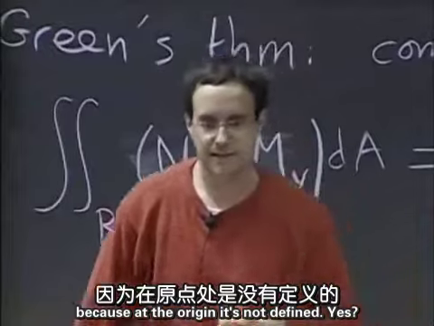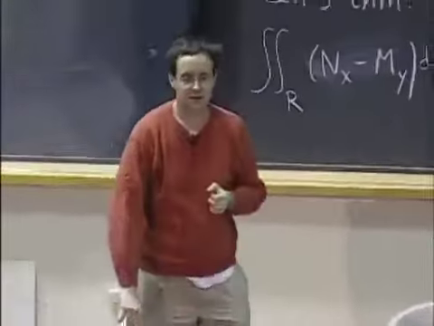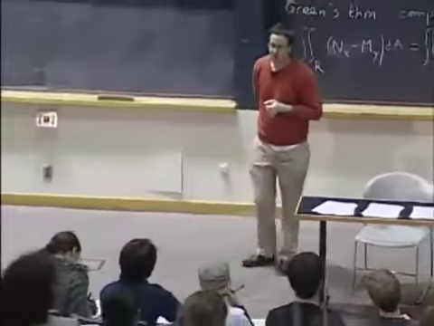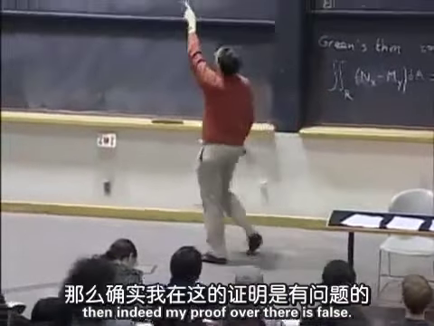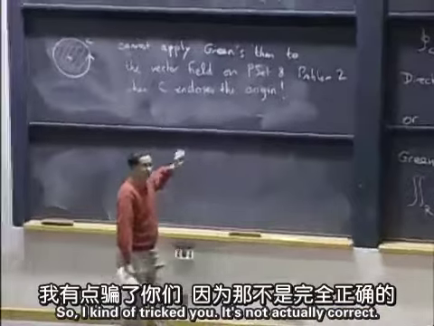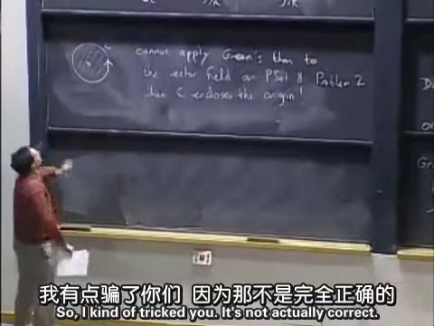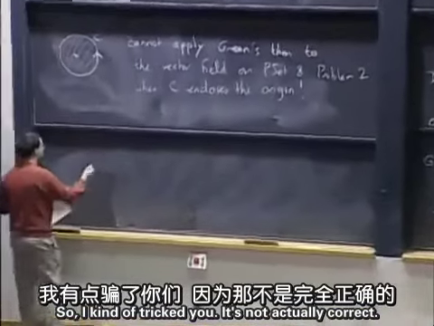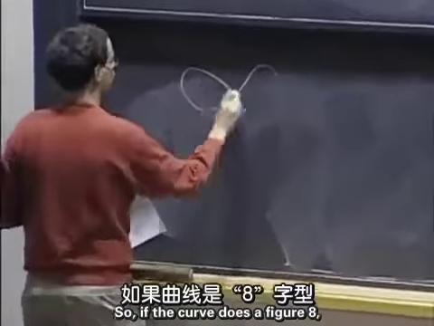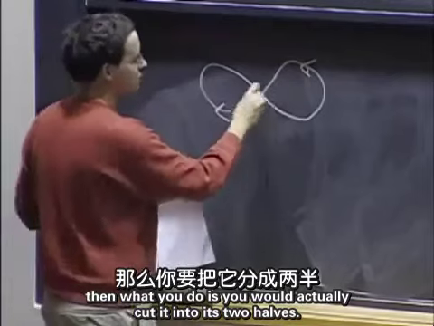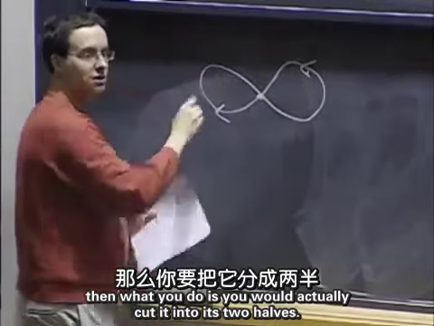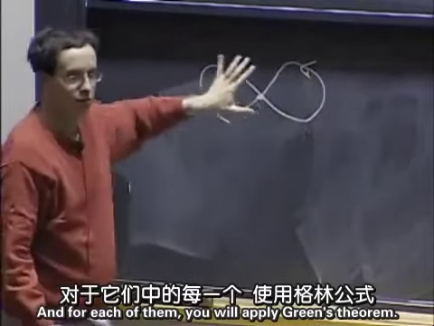Yes? If you have a curve that makes a weird shape, like a figure 8, does that still work? So if you take a curve that makes a figure 8, then indeed my proof over there is false. So I kind of tricked you. It's not actually correct. So if the curve does a figure 8, then what you would do is you would cut it into its two halves, and for each of them you would apply Green's theorem.